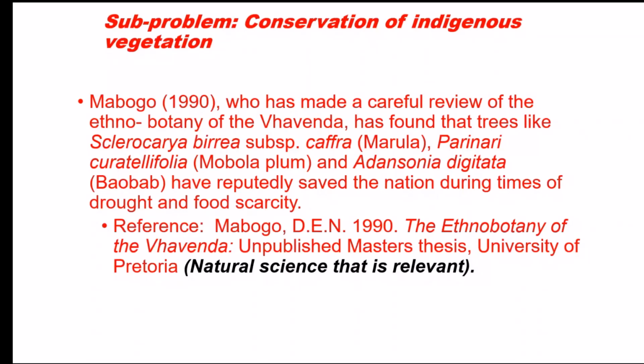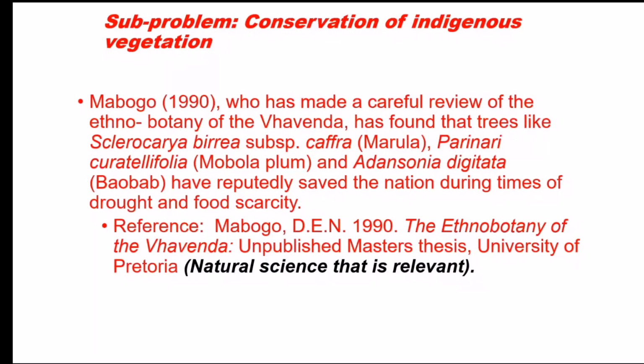So the person was speaking specifically about indigenous vegetation. And look at the sub-problem there, it is conservation of indigenous vegetation. So this falls under the natural sciences, which is also relevant. He was a lecturer under the Department of Botany, so the Department of Natural Sciences. So his literature was relevant to my studies.